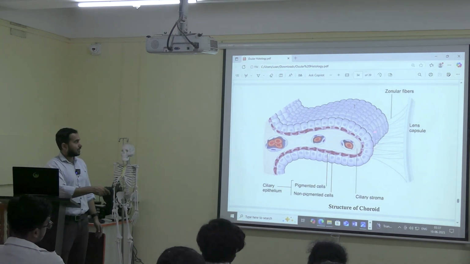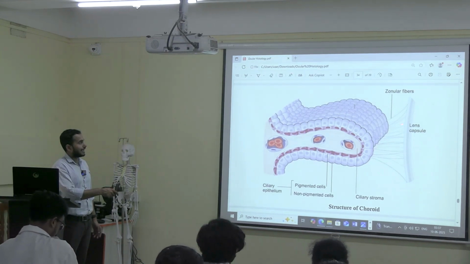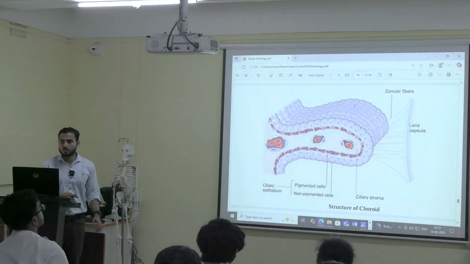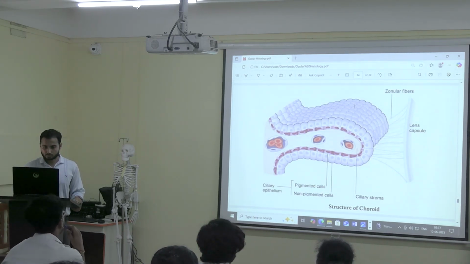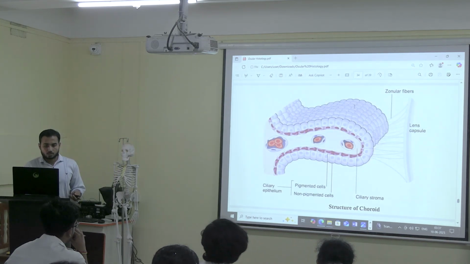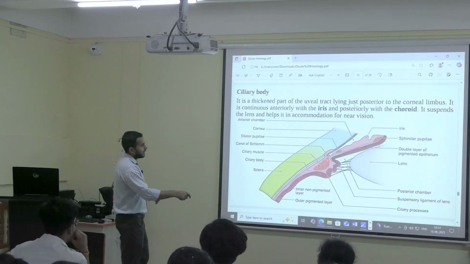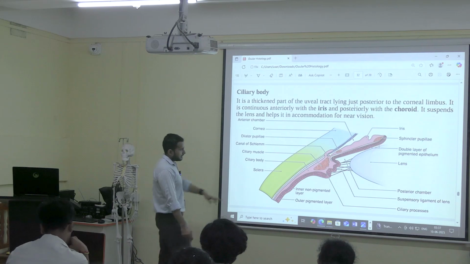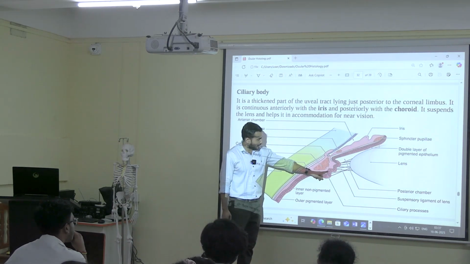This particular part is attached to the lens with the help of zonular fibers, also called the suspensory ligament of the lens. So we will stop over here. The iris is left, this particular part is done.